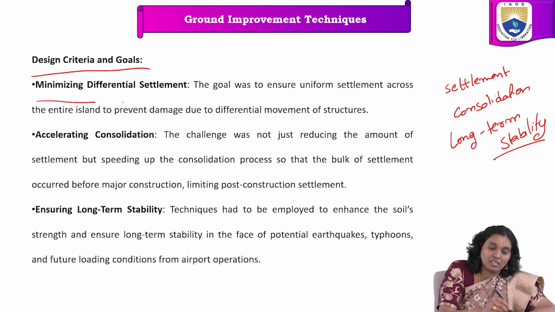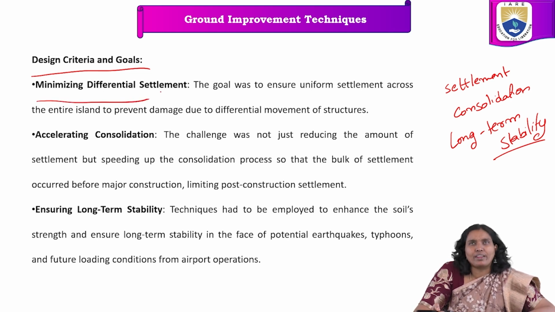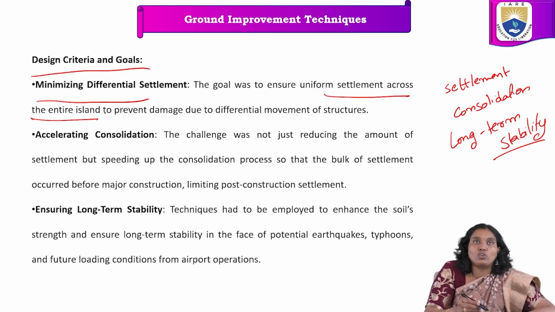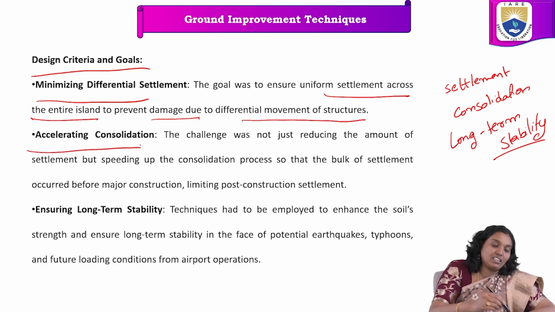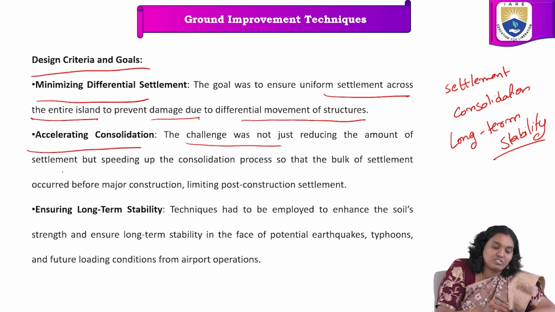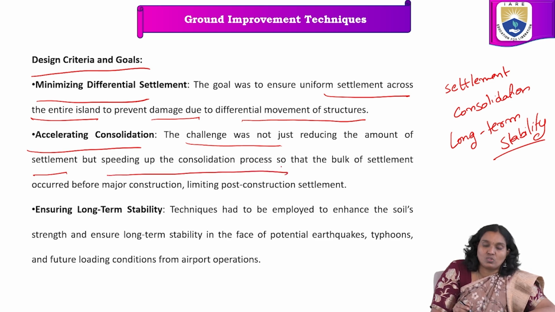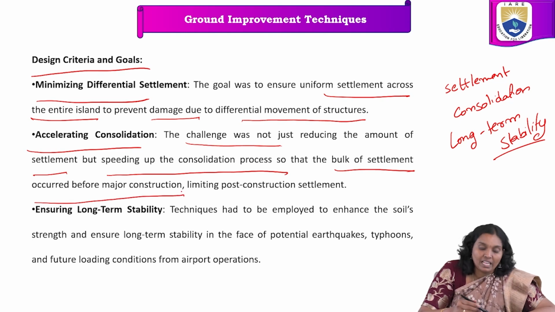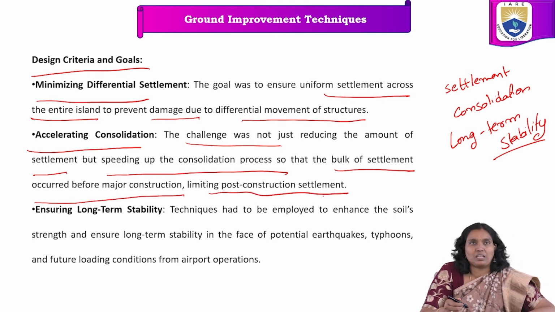Minimizing differential settlement: the goal was to ensure uniform settlement across the entire island to prevent damage due to differential movement of the structures. In accelerating consolidation, the challenge was not just reducing the amount of settlement but speeding up the consolidation process so that the bulk of the settlement occurred before major construction, limiting post-construction settlement.